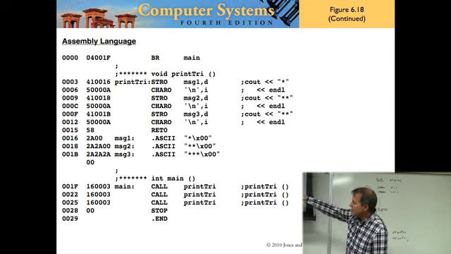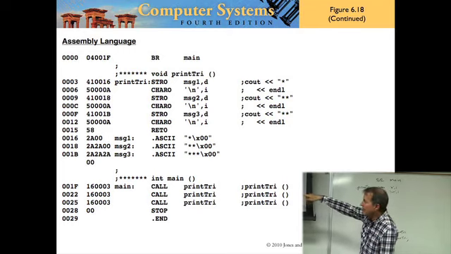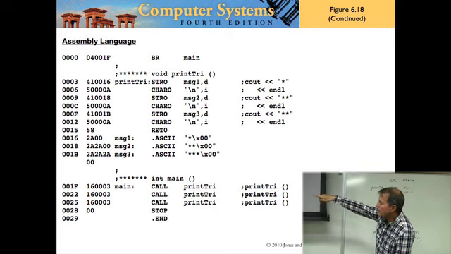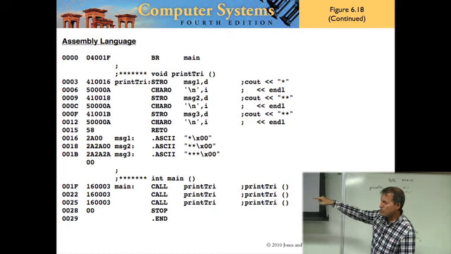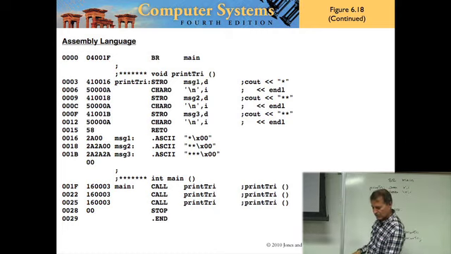In the main program, what is the value of the program counter just before the first call to print try? That instruction is at 001F, which means that when you increment the program counter, it will be 0022. Are you with me?